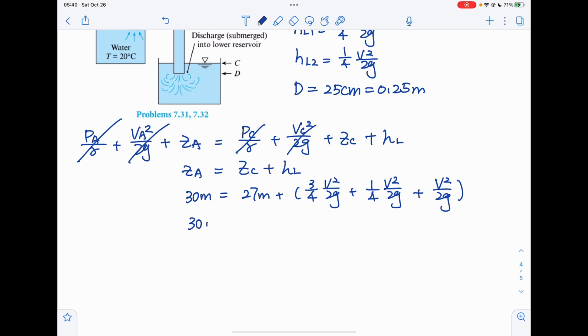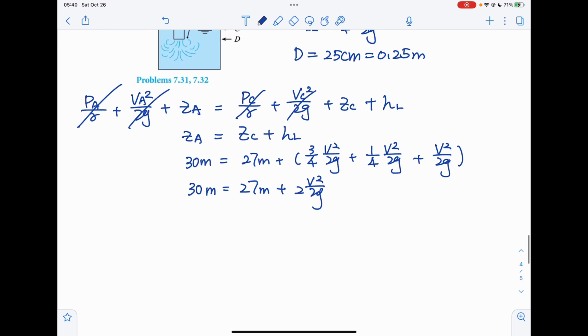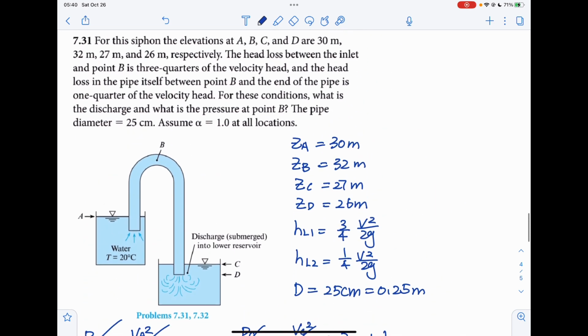So if we keep simplifying it here, it will be 2 V squared over 2g. Okay, so now we can find the velocity. V is going to be equal to 5.42 meters per second. Now that we have the velocity, we can find the discharge.